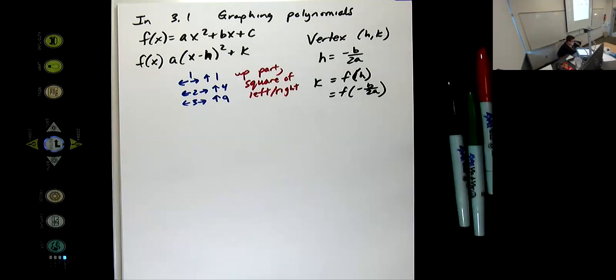Let's see, how do I put this? That's when a equals 1.